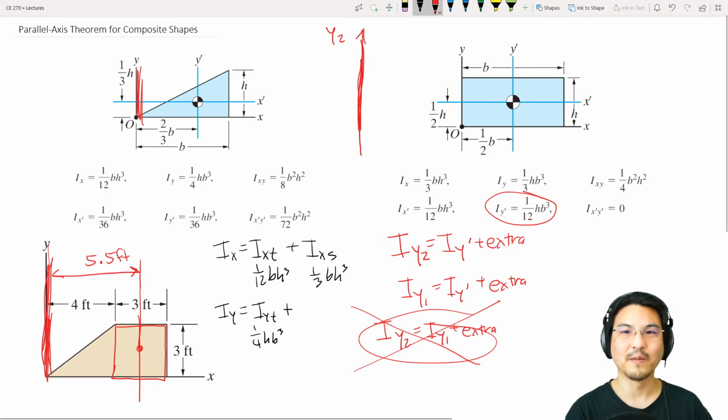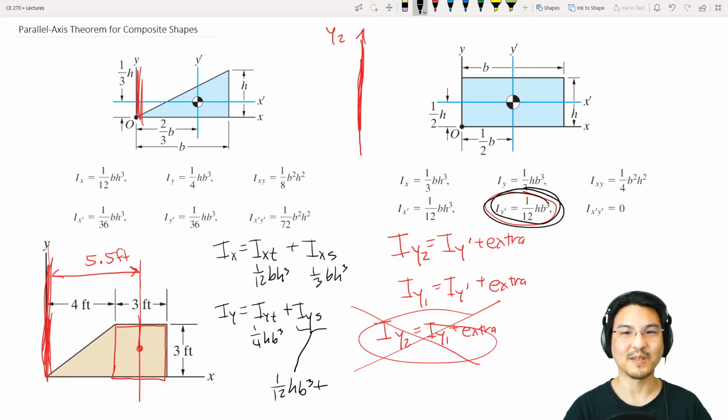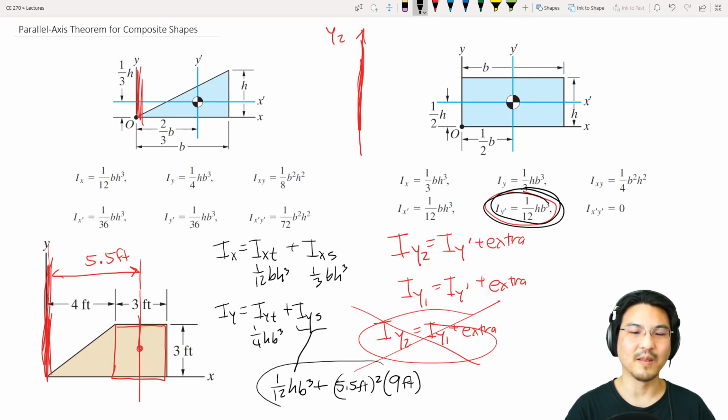So then for the y-axis for the square, this is 1/12 hb cubed from the appendix plus extra. How much extra? 5.5 feet squared times the area of the square. This.